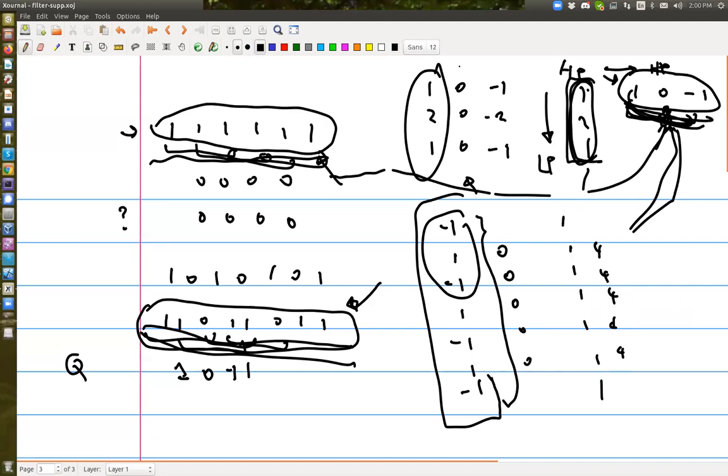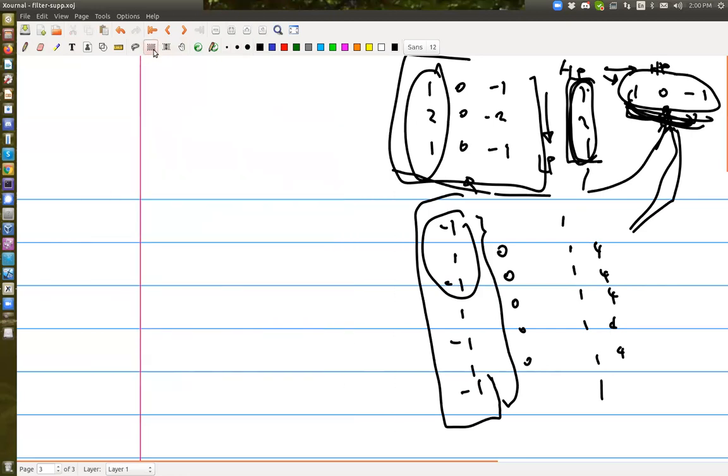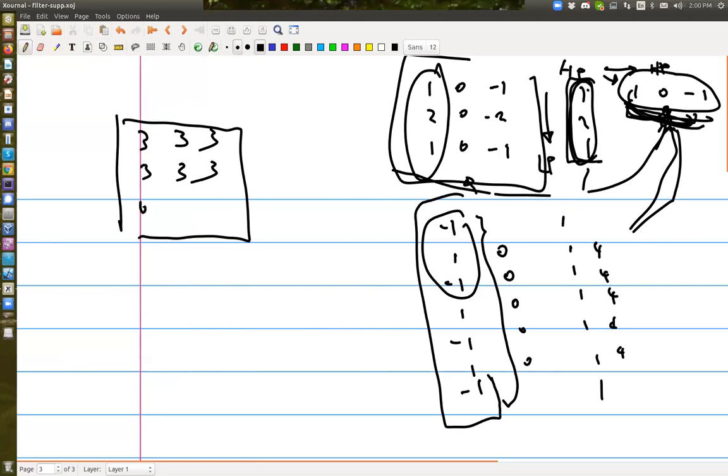So now if I get back to this filter, let's do one final example. I apply this filter to a patch of constant rows.